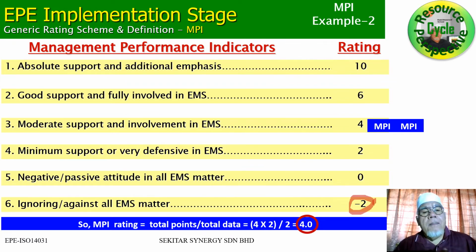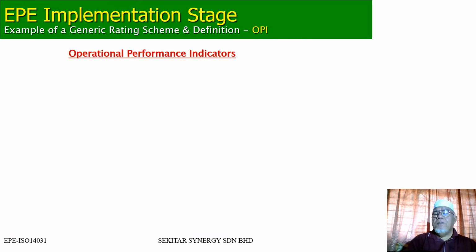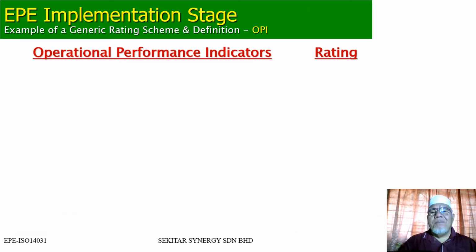Okay, but in this case, moderate support and involvement in EMS, normal, nothing to brag about. So they've got a score of 4. Both of them are 4, and 2 data only is available. So 4 times 2, simple arithmetic, divided by 2 data, so the score is 4.0. Okay, simple, isn't it? But despite being simple, it is representative in the end.